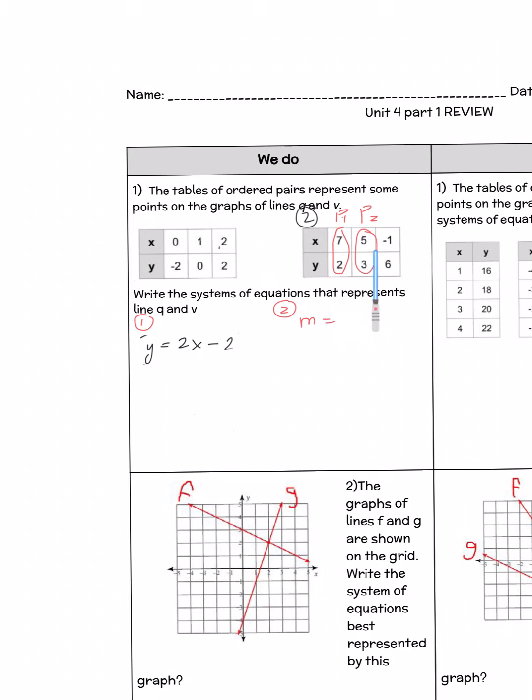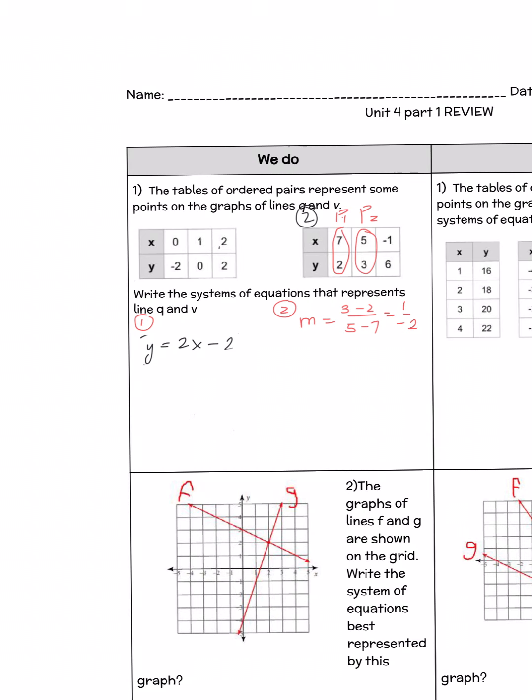I'm going to subtract my y values, 3 minus 2, divided by 5 minus 7. So what does this give me? 1 divided by -2. So that's my slope right there, -1/2.